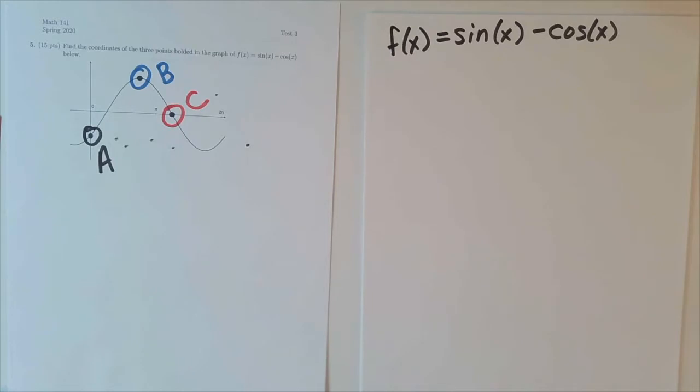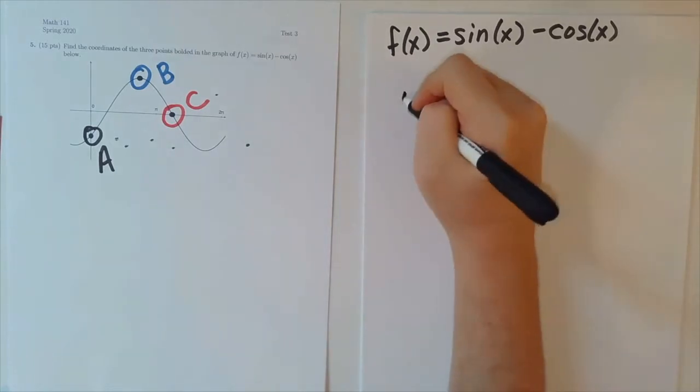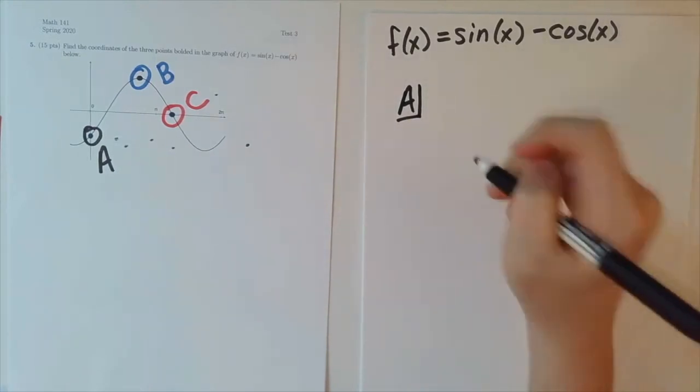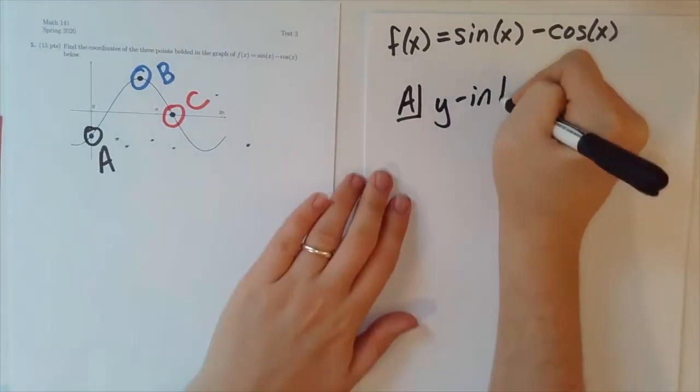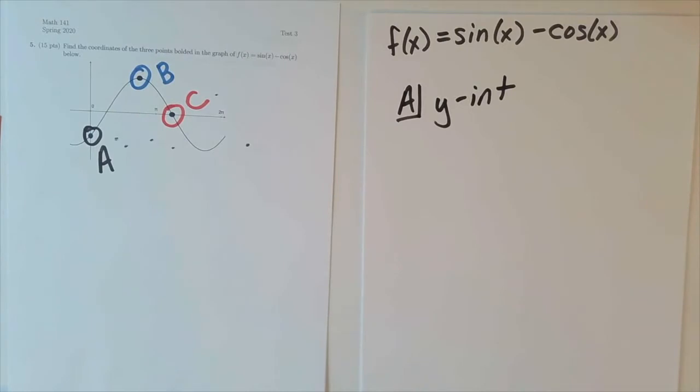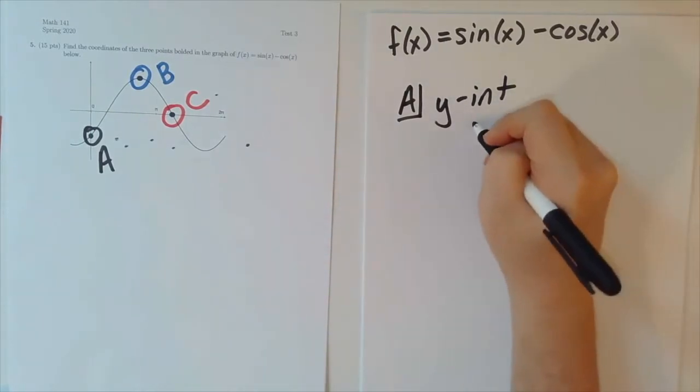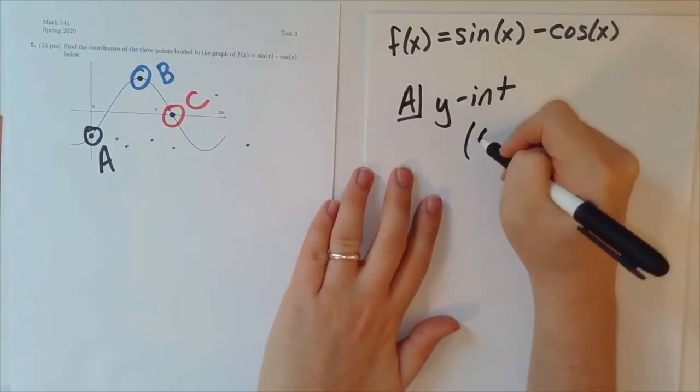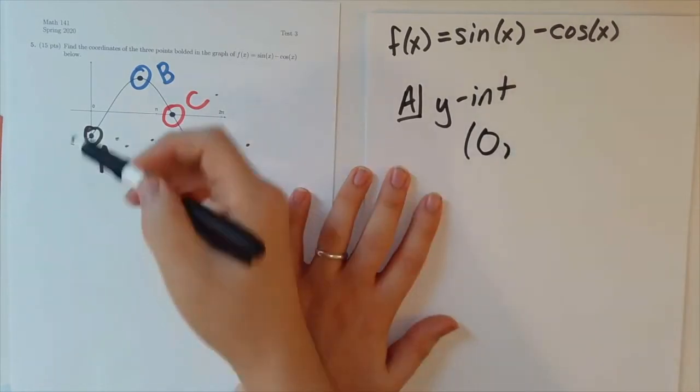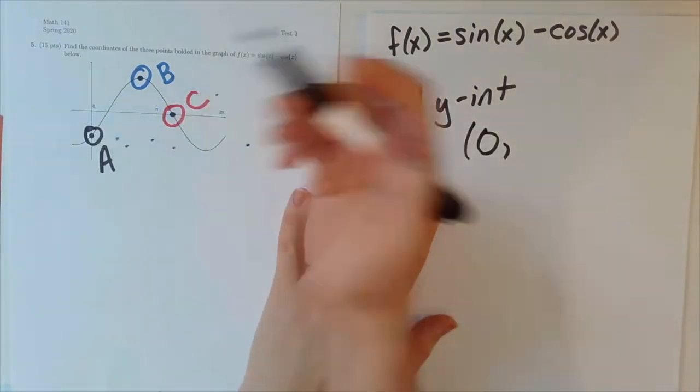So the easiest point to figure out is A, because A is the y-intercept. And so being the y-intercept means that the coordinates of the point look like 0 for the x-coordinate, and you can read off that this is 0 x-coordinate.